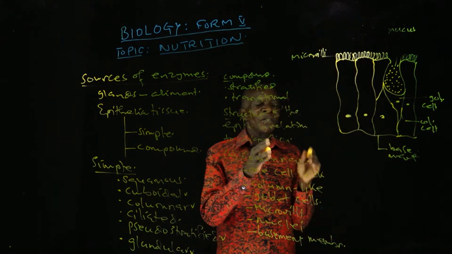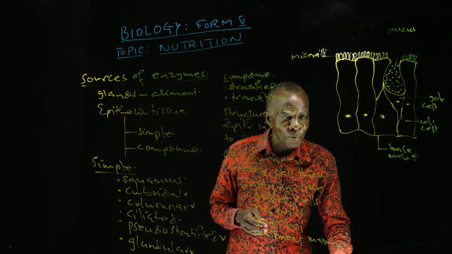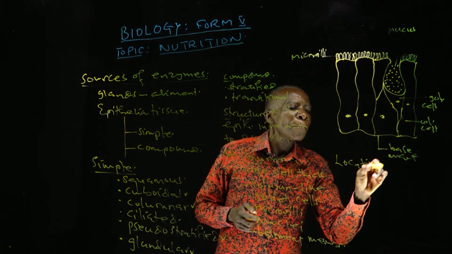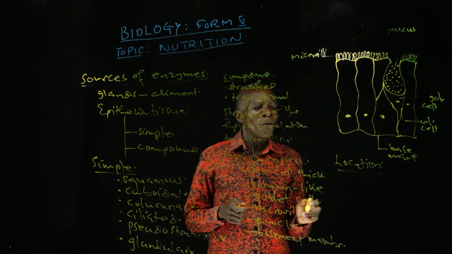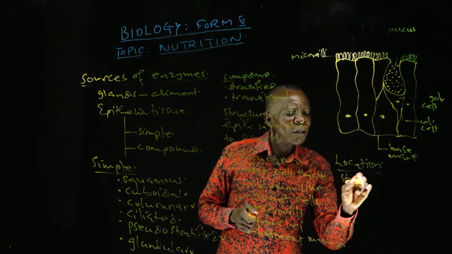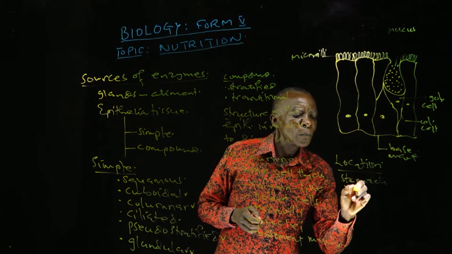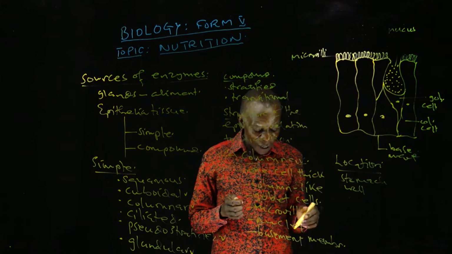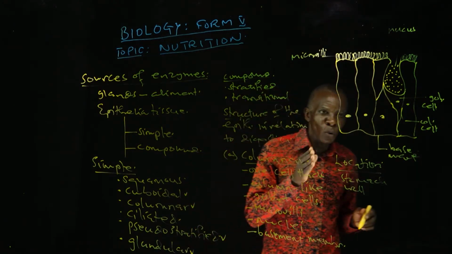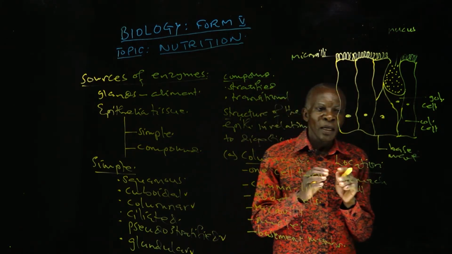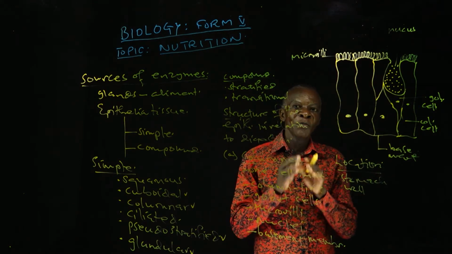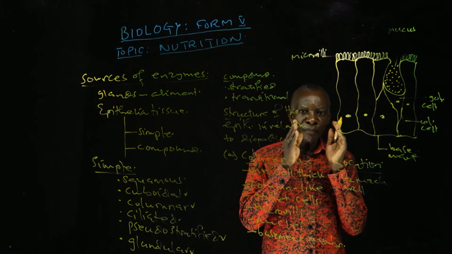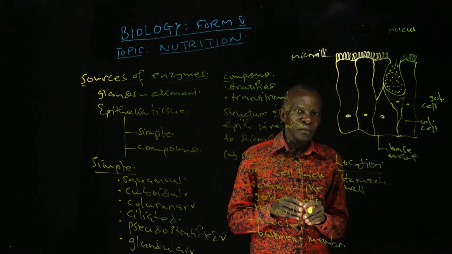Now, where is this type of simple epithelial tissue located? First of all, it is found in the stomach walls. Here, the mucus plays two roles. One, it protects the cells of the stomach walls against the action of hydrochloric acid.